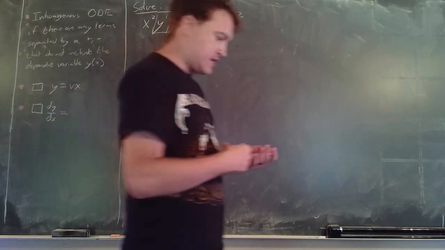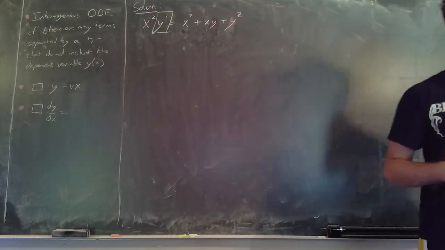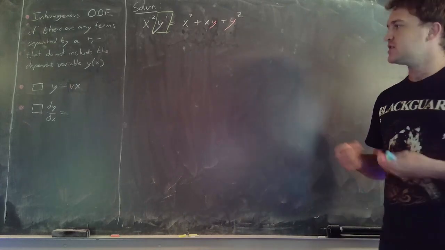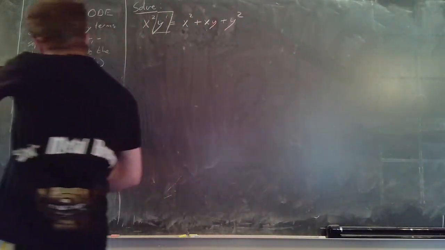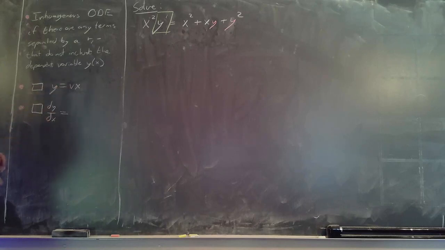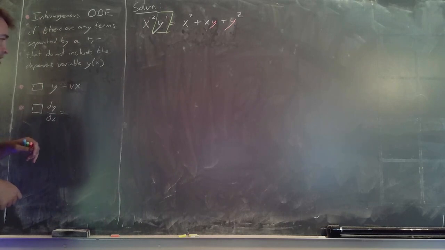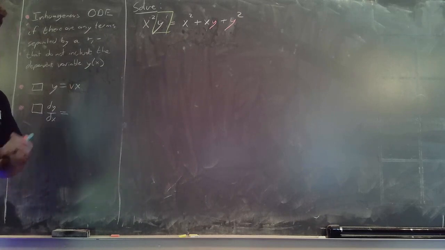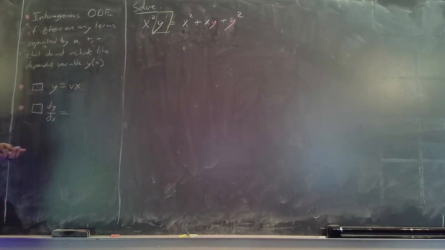And then what I need to do is I need to go ahead and figure out what the y prime term is, and we're viewing y prime like it's dy over dx. So dy over dx is just going to be the derivative of this thing, because the derivative of y is dy dx. And then the derivative of v with respect to x and the derivative of x with respect to x, we're going to have to use a product rule in order to put together what dy dx is equal to.